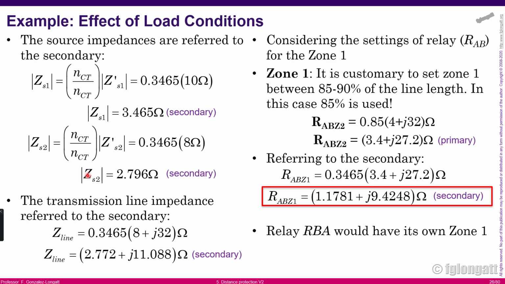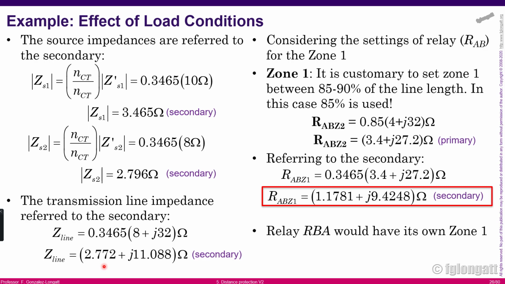And in the transmission line, using the impedance transformer ratio, here you can see the impedance located at the secondary.